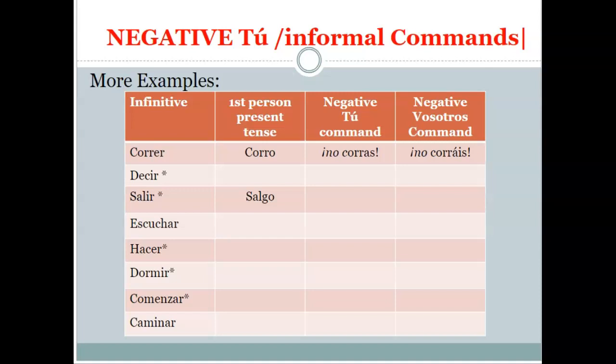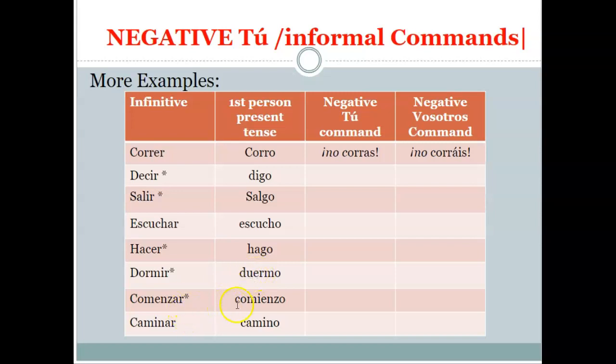Let's look at it. Okay, so here we went to the yo in all of these. So decir becomes digo. Remember, it's a go verb. That's why they have little stars next to them to remind you. Salir becomes salgo. Escuchar becomes escucho. Hacer becomes hago. Dormir, remember, is a boot verb, so it becomes duermo.